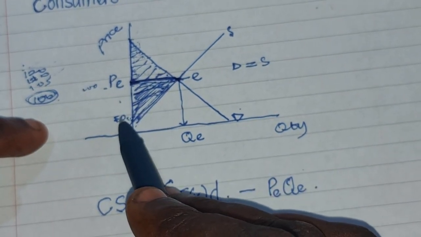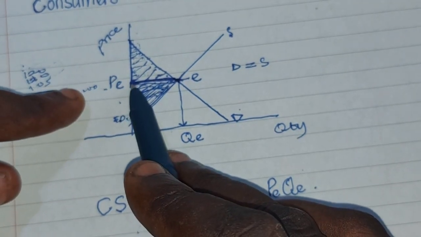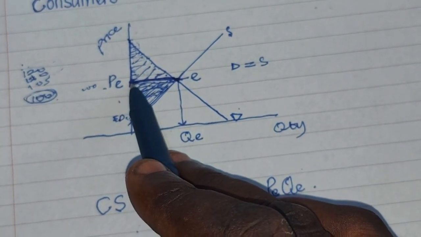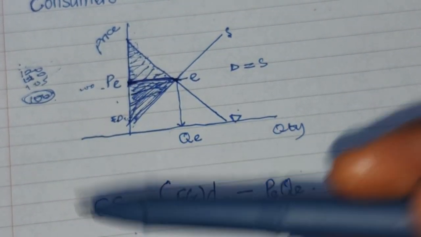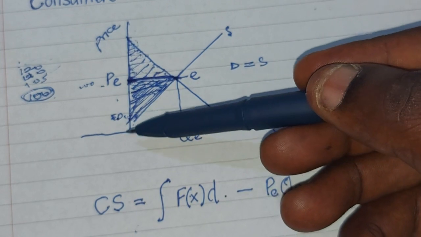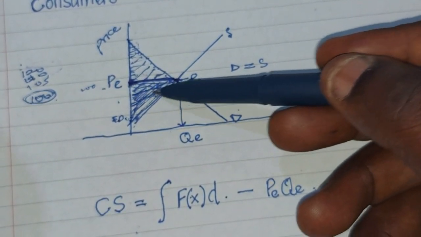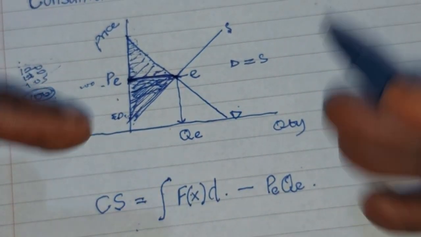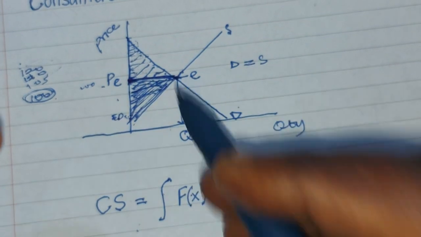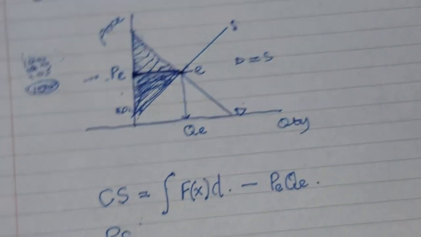So what the producer will do, he will supply at this point, since there are consumers that can pay for it. This excess above what he is willing to supply, the price being above it, for all the producers, is called producers surplus. And that can be calculated using integration too.